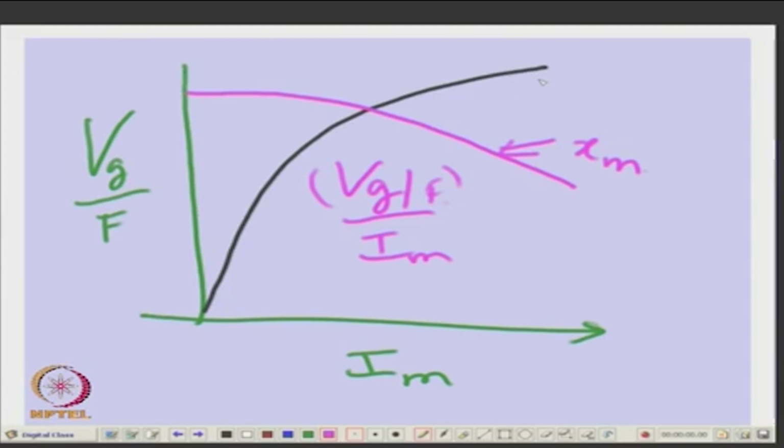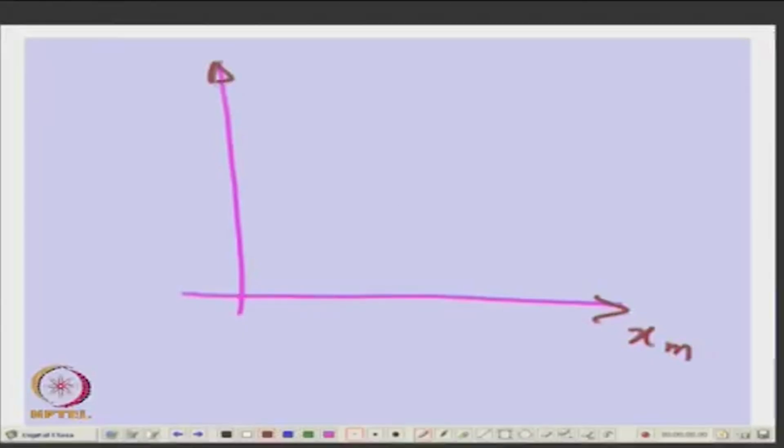It was more intuition at that time. I thought why not we try this trick: try to get information on the no load magnetization curve, the variation with Xm. I know Xm, right. So, if I can plot in a different way, Xm and Vg by f.